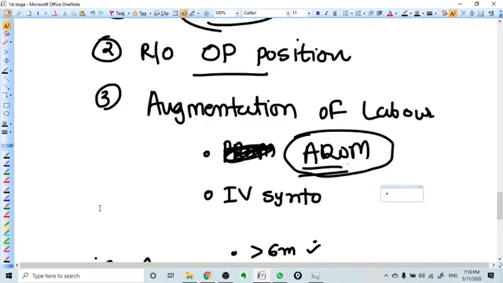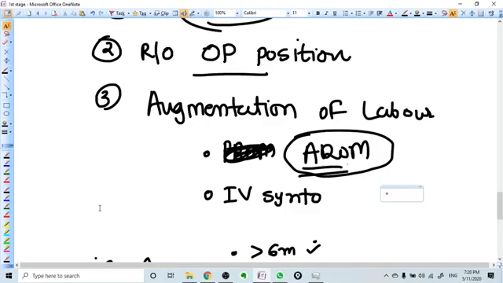In some conditions, arrest of labor happens in the first stage, and that is, my friend, a very big and dangerous problem. Arrest of labor mostly happens in the second stage, but only sometimes it happens even in the first stage.